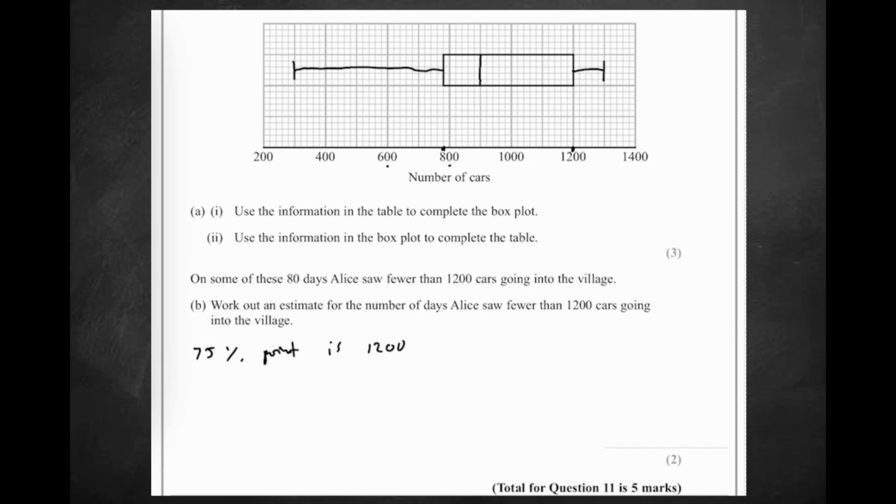So everything above 1,200 is the final 25% of the data. Which means if Alice is saying she saw fewer than 1,200 cars, we can suggest that 75% of the time this happens. So if we work out 75% of 80, we can confidently estimate that that is accurate based on our box plot. And 75% of 80 is just 60. So that will be my answer.